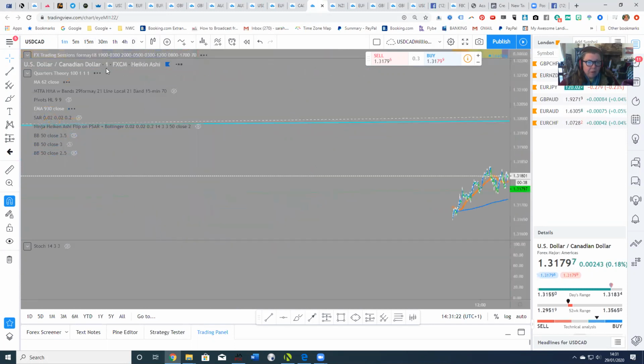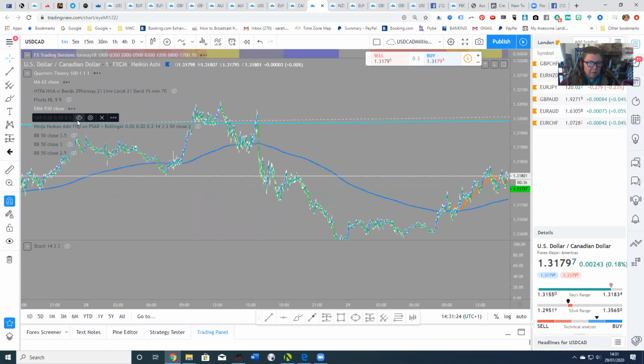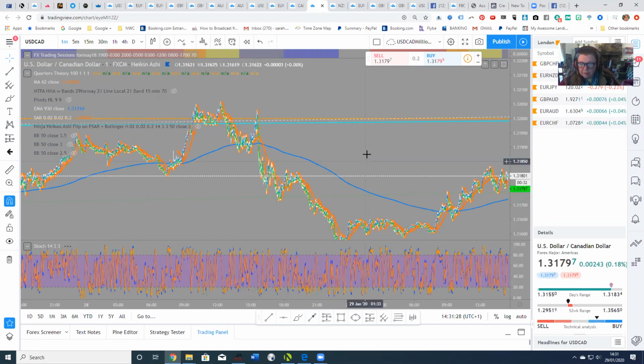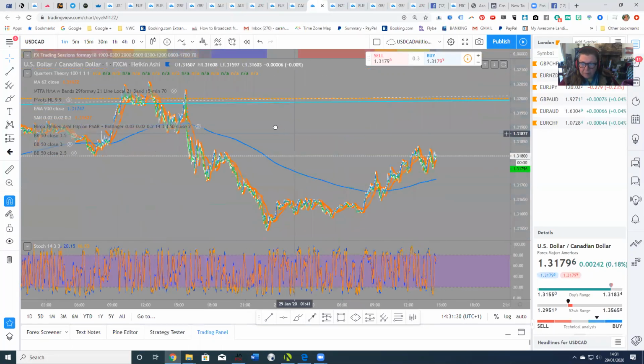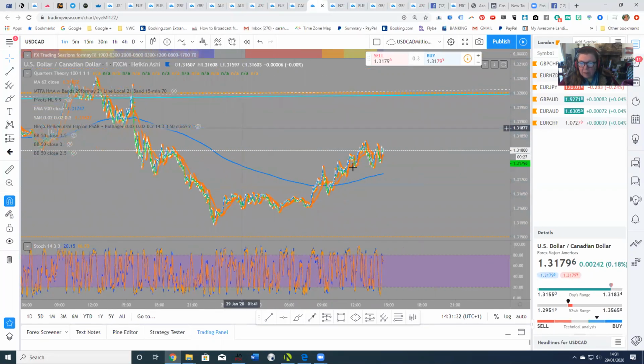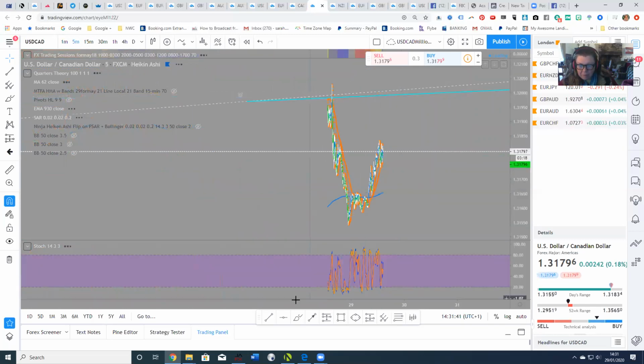So Heikin-Ashi, SARS, stochastic, and very colourful. We've got it near the top. This is on the, hang on, 5 minute, wrong time frame.